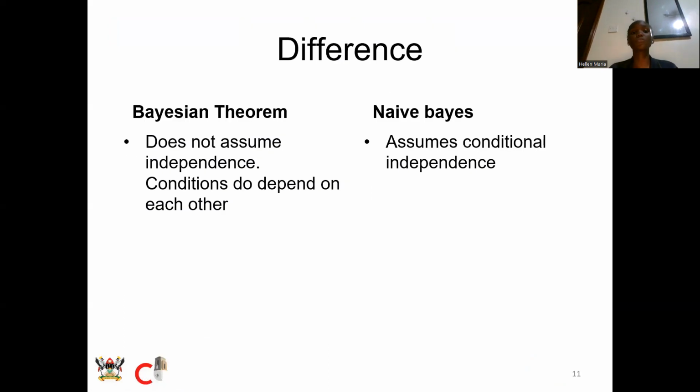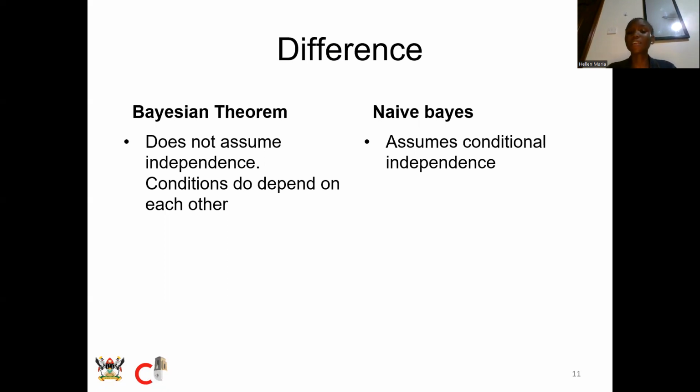Yes. So what's the difference between the Bayesian theorem and the naive Bayes theorem? We have seen that the naive Bayes theorem deals with independent features. As I had earlier explained, the features are independent of each other. A change in one will not affect the other. If the length changes, it will not affect the color of the bean. If the radius changes, it will not affect the color.